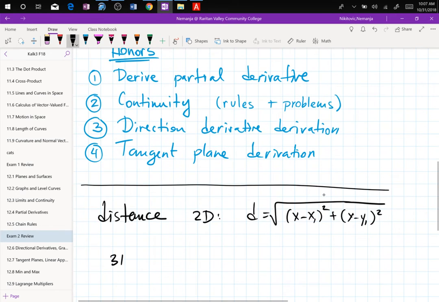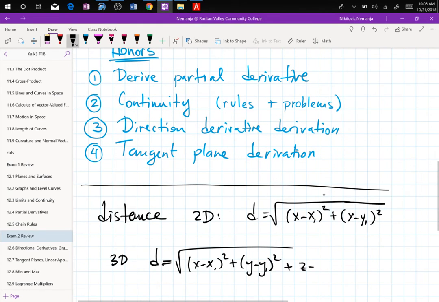And for 3D, distance would be the square root of (x minus x1) squared plus (y minus y1) squared plus (z minus z1) squared. So that would be your 3D distance.